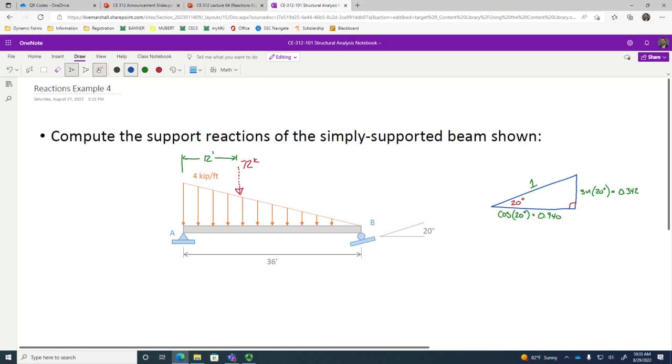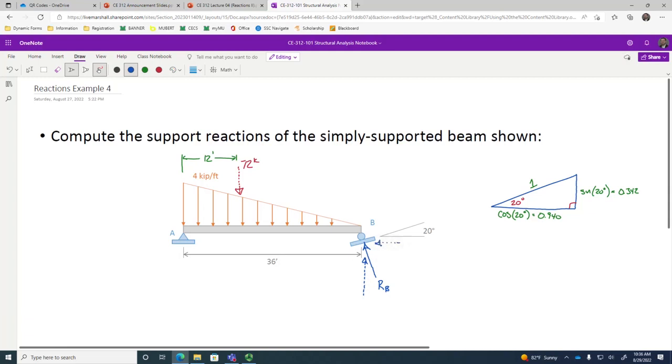Okay. Now, what I'm going to have here is a reaction. And instead of calling it By or Bx, I'm just going to call it RB. Okay? And I'm going to split that into x and y components. And notice the way that I'm drawing them.